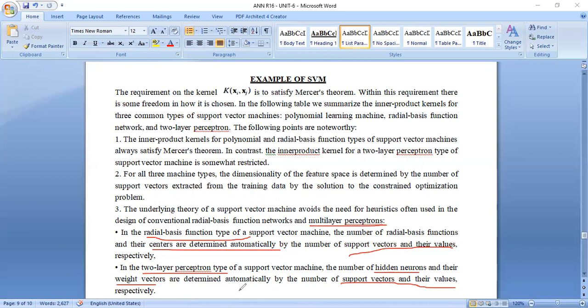Okay, this new feature is added to a multi-layer perceptron, and centroid selection is added to an RBF network. So by this we can avoid the old designs of radial basis function and multi-layer perceptron for support vector machines, right?